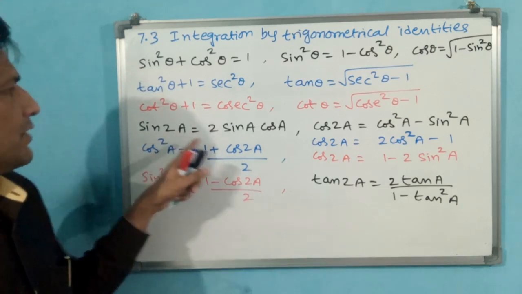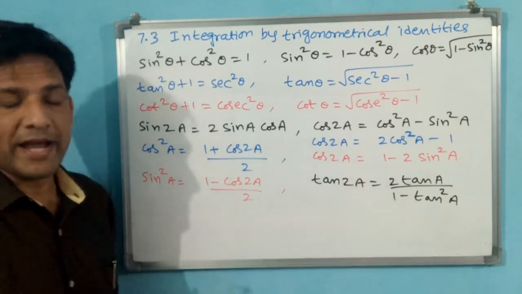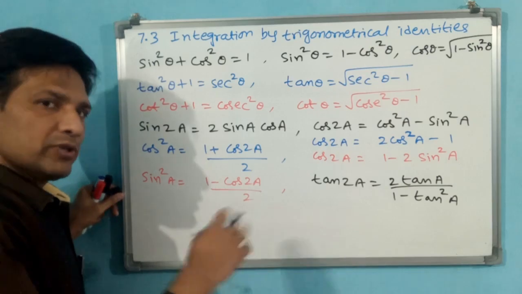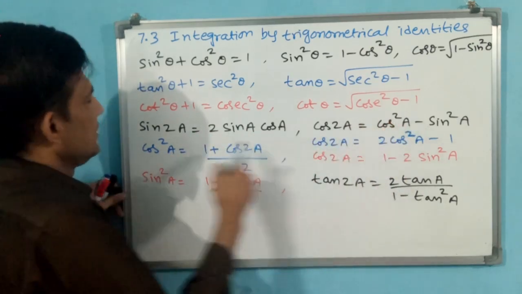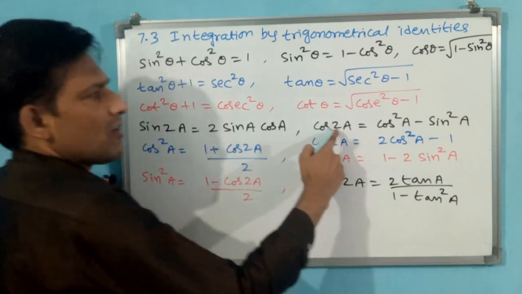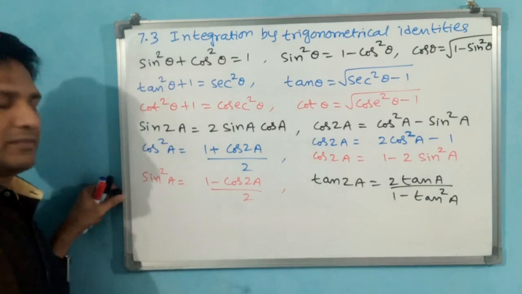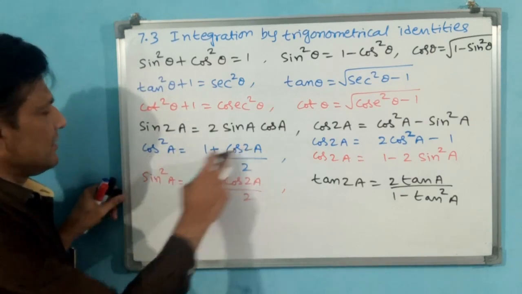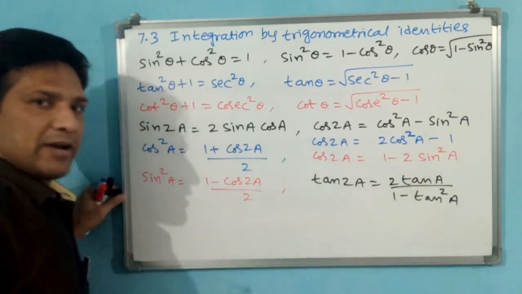So sin 2a, cos 2a, tan 2a. If you remember tan 2a, 2 tan a by 1 minus tan square a, you can remember sin 2a and cos 2a also in terms of tan. Here no tan is there; it is sin, cos, cos, sin, and here also cos, sin, cos. Here it is in terms of tan only, so sin and cos also we will write in terms of tan only.